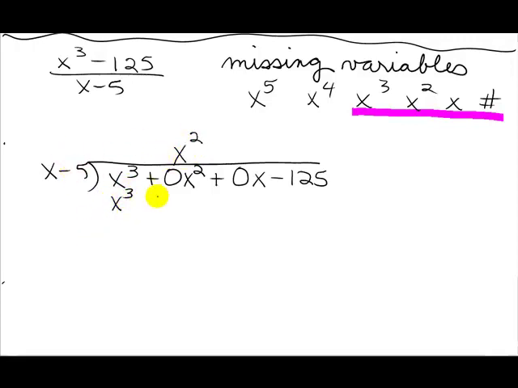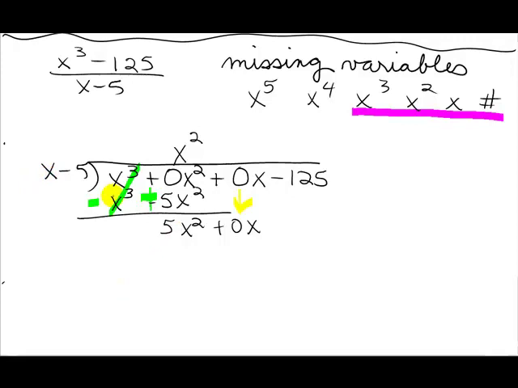x squared times negative 5 is a negative 5x squared. When we go to do the subtraction, this cancels, but this becomes a plus. So now I have 5x squared. I need to bring down my 0x. Repeat the process.